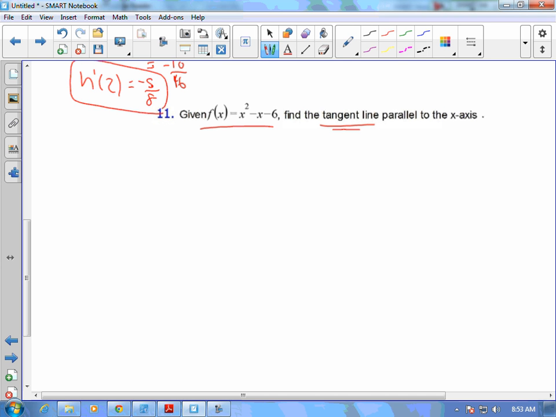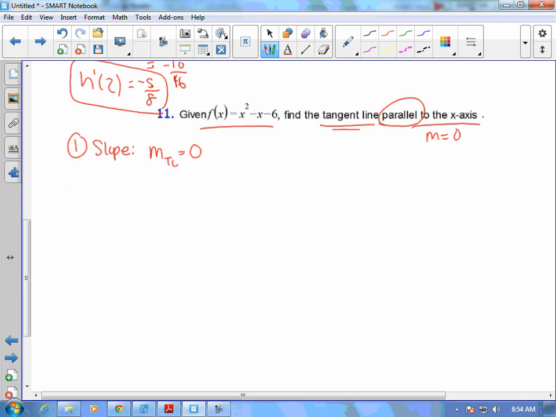If we're finding the tangent line, we have to take the derivative, and parallel tells us the slope. Actually, parallel to the x-axis, so the slope is 0. So step 1 is identifying the slope. The slope of the tangent line will have to be 0.